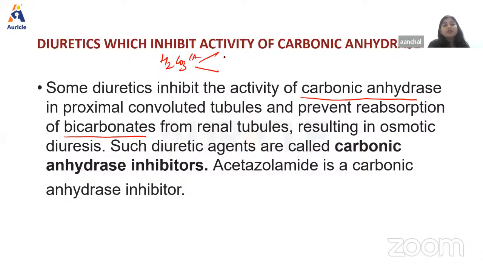If bicarbonate will not form, then ultimately the reabsorption will also not take place. Okay, so such diuretic agents are known as carbonic anhydrase inhibitors. Okay, and the example we have is acetazolamide.